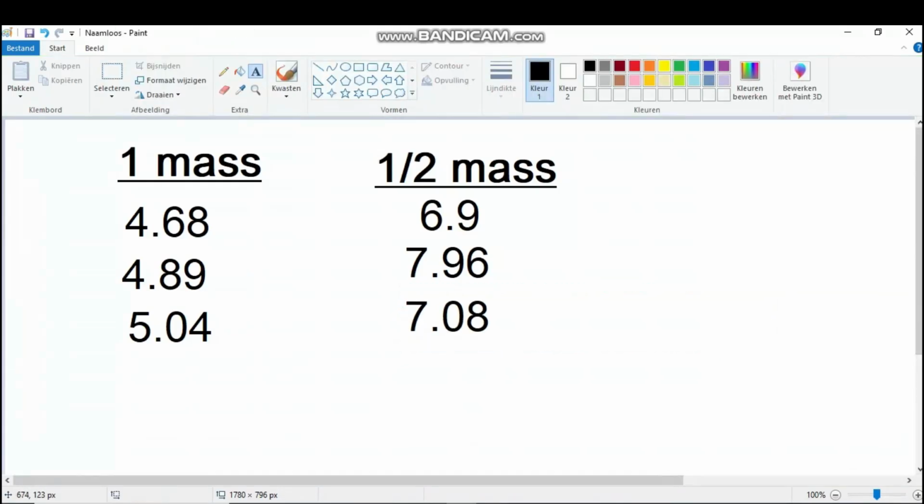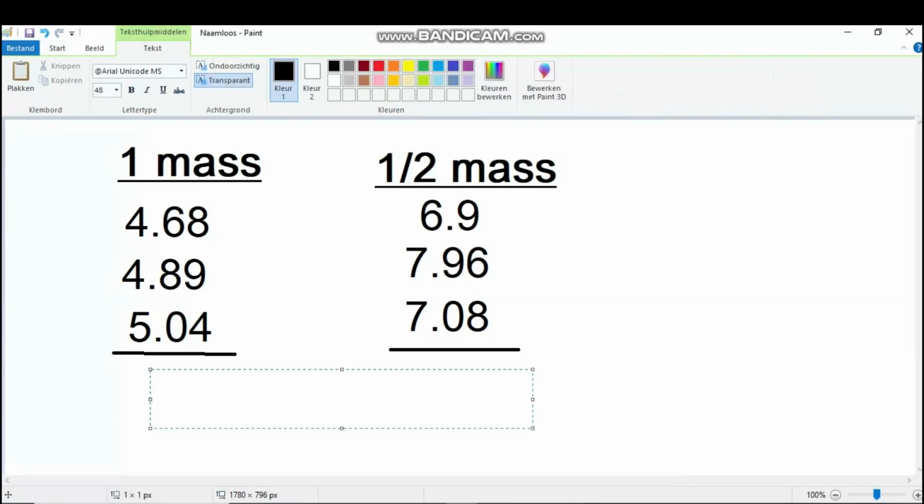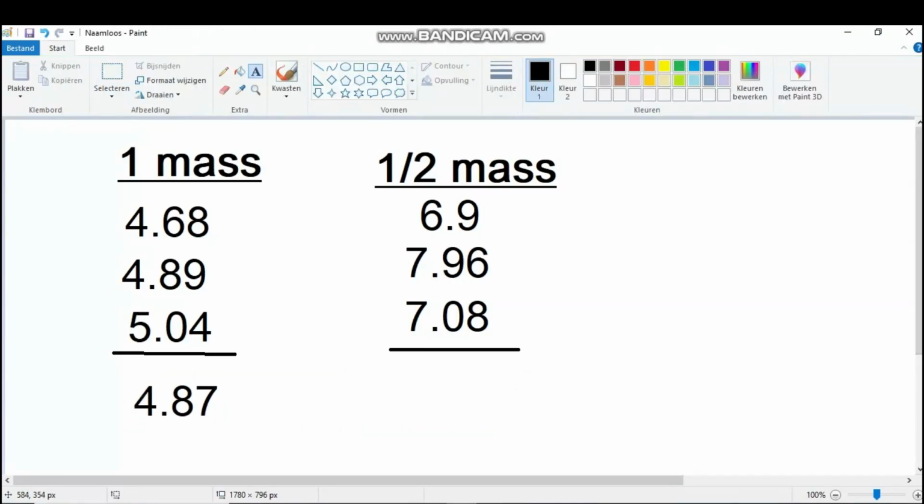So now what we're going to do is take the average and then divide them by each other. Okay, so I got to now grab my calculator. So we have 4.68 plus 4.89 plus 5.04 divided by 3, which is 4.87. Okay.